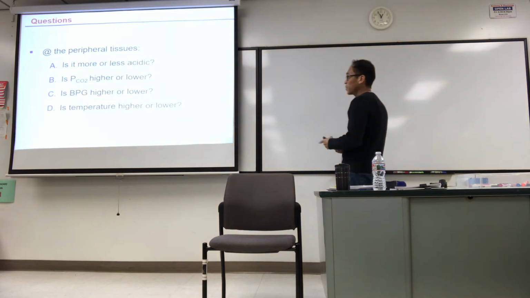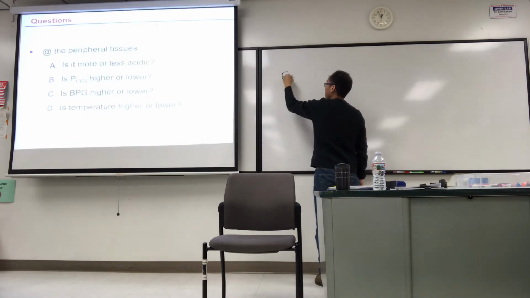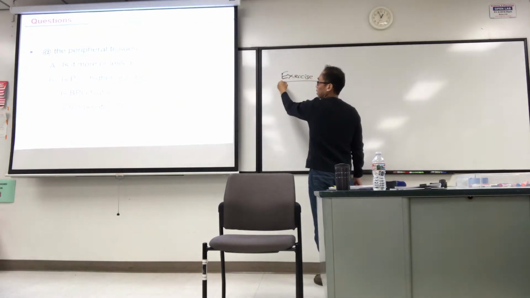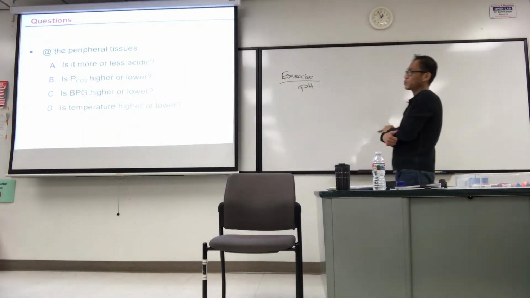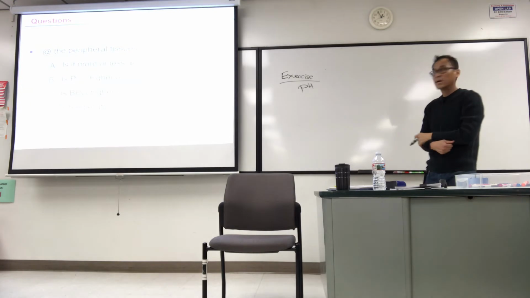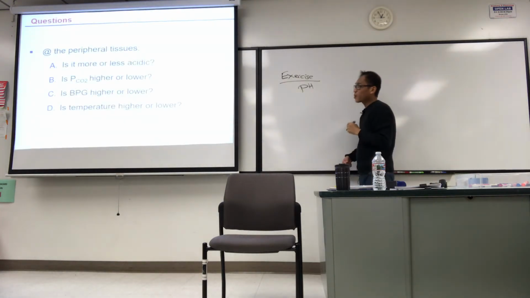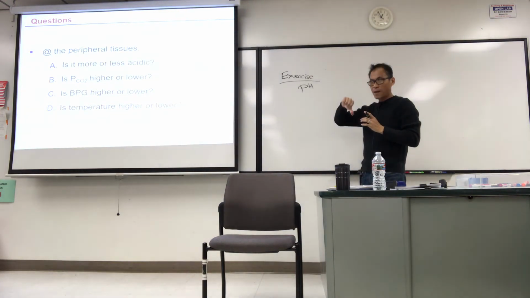Trying to wrap up here, but let's think about the Bohr effect in terms of exercise. What did we say about pH during exercise, up or down? I heard both. The blood gets more acidic, so that means the pH drops.